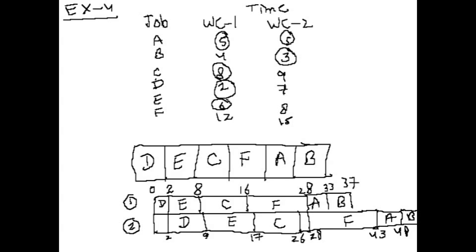So basically, overall, it will need 51 hours to get all these jobs through work centers 1 and 2. And you have seen how Johnson's rule can be applied for making these assignments.